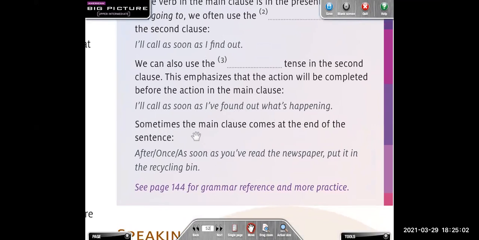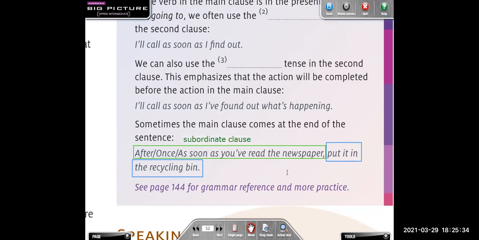It says, sometimes the main clause comes at the end of the sentence. Okay, como les decía anteriormente, vamos a ponerla en colores. This is the subordinate clause. And this one is the main clause. Okay, as you can see, sometimes the main clause can go at the end.